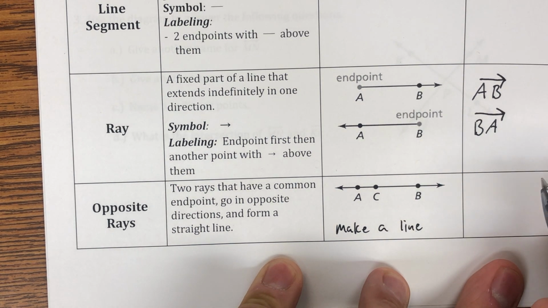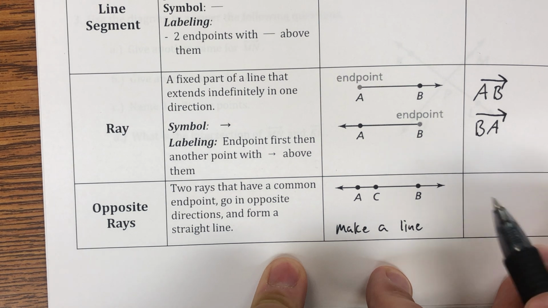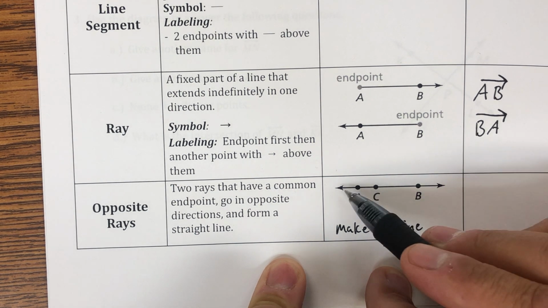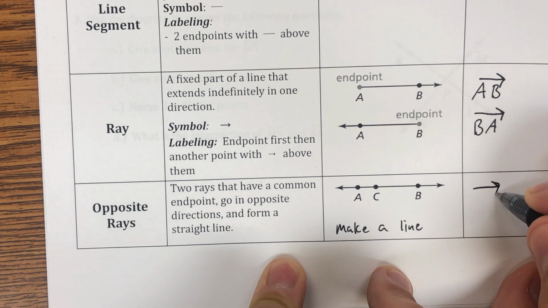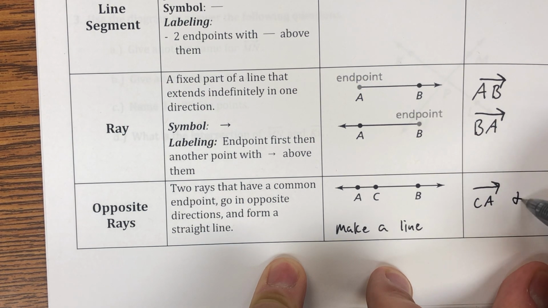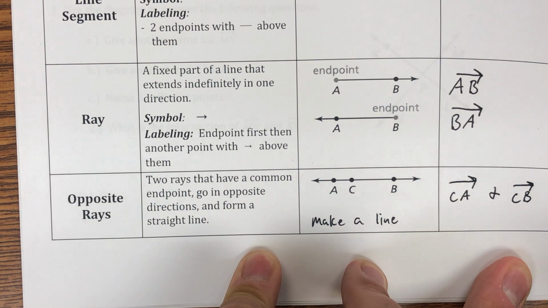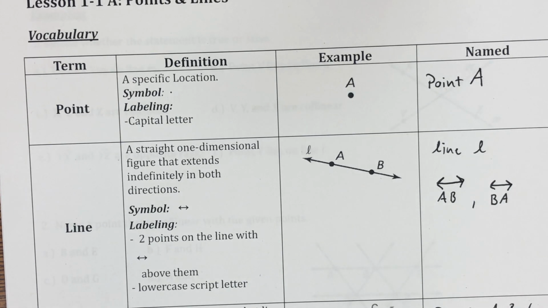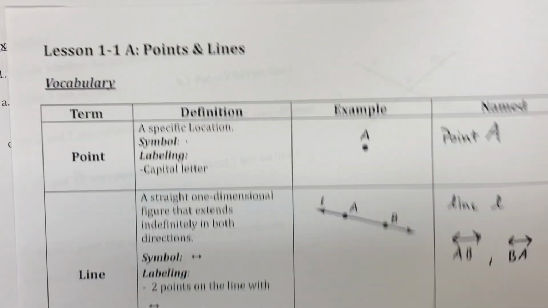So, to name the 2 opposite rays here, the common endpoint is C. One of the rays goes from C to A, so ray CA, and ray CB are considered opposite rays. They go in opposite directions, they make a line. The common endpoint is C. So on this page, numerous terms, make sure we get these memorized. We have to understand the notation, have to be able to name them correctly.